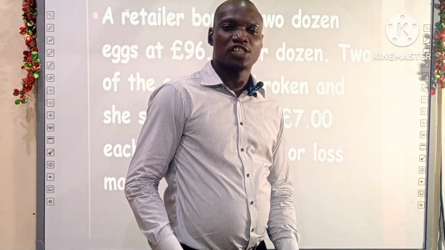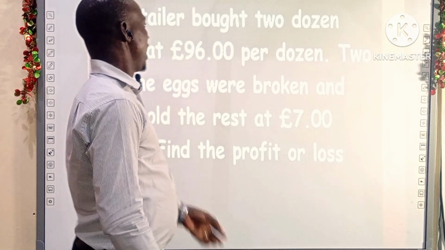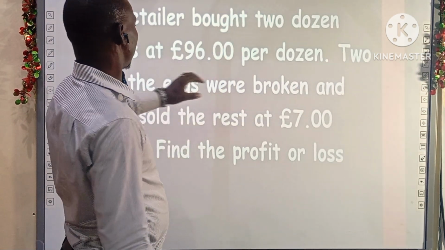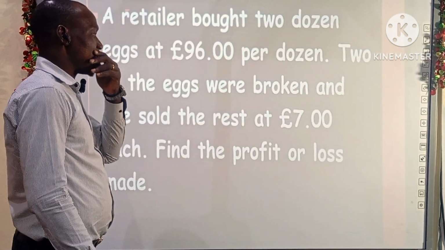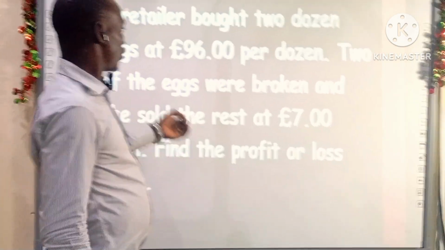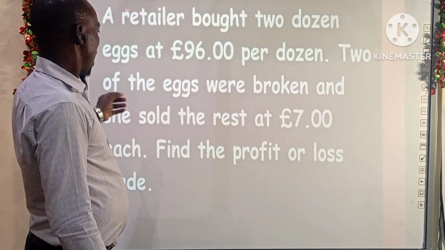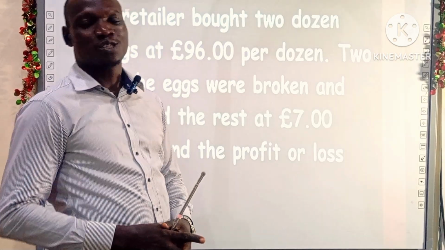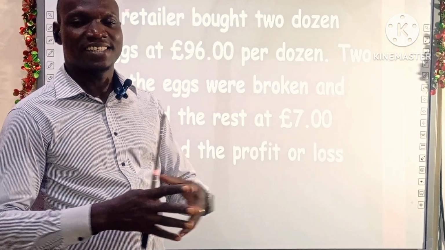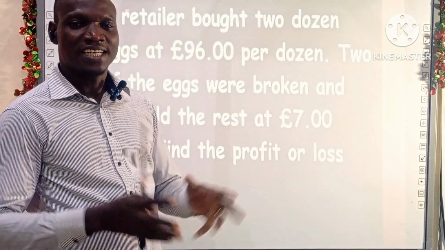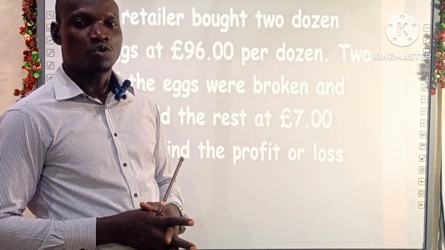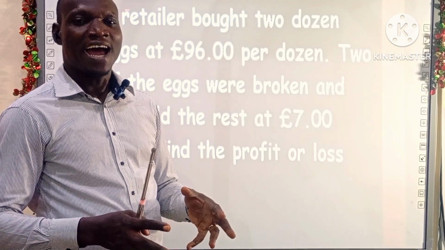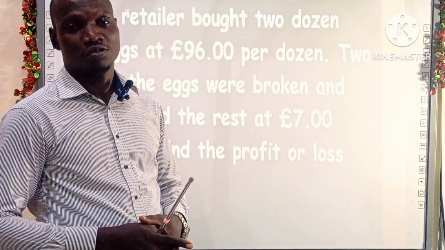For our second question for today, a retailer bought 2 dozen eggs at 96 naira per dozen. Each dozen cost 96 naira, but 2 dozens were bought. So the cost price for these 2 dozens will simply be 96 times 2, which will give us 192.